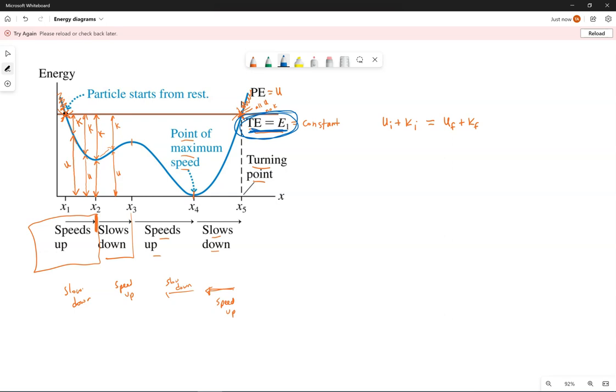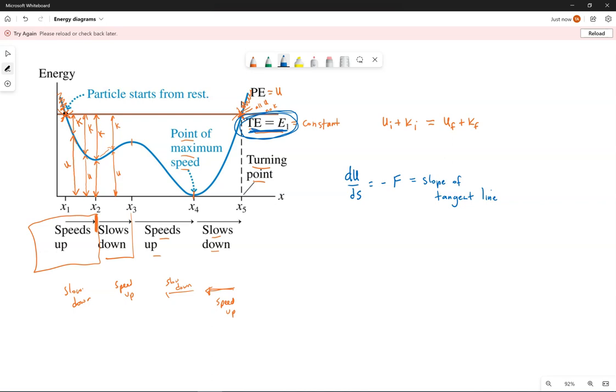Now, if you remember in the last video, I mentioned how we can figure out force if we look at the slope of the tangent line, meaning the line tangent to the potential energy.